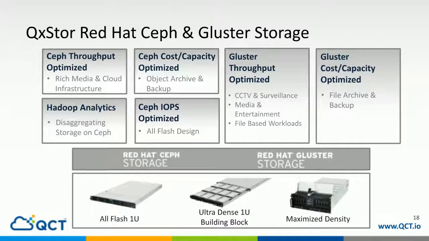Now, because some of the data center costs are calculated by floor space, we also look for configurations that offer the highest usable terabytes per rack unit. In the case of cost capacity optimized, the minimum server fault domain recommendation is a little more relaxed. One server should not represent more than 15% of the cluster capacity.